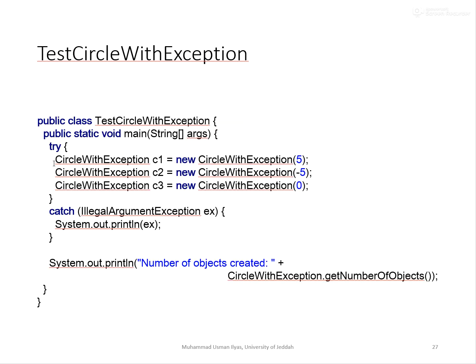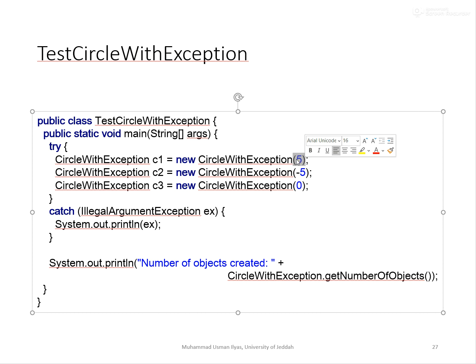This is the test program. It's quite straightforward. We have a try block and a catch block. In the try block, we're going to create CircleWithException objects. The first one is passed a positive value for the radius. The second one is passed the value -5, and the third one the value 0.